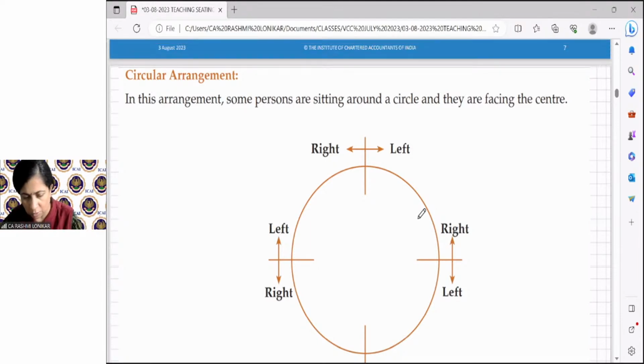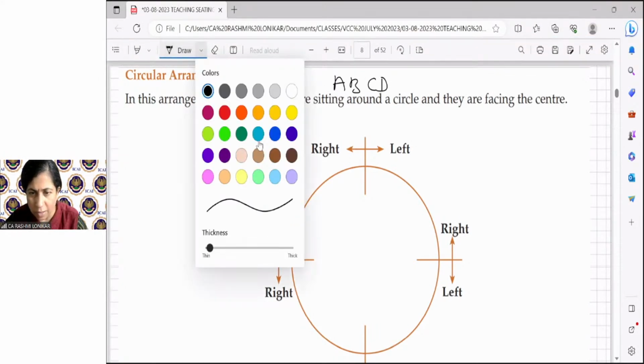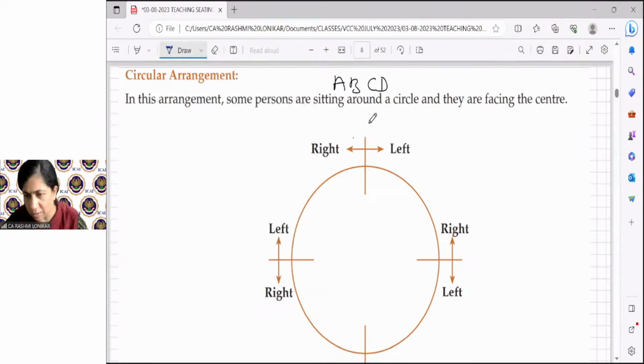Now, suppose I have 4 friends, say A, B, C, D. I'll say A, B, this is my C, and this is my D. So what can I say? A is facing whom?